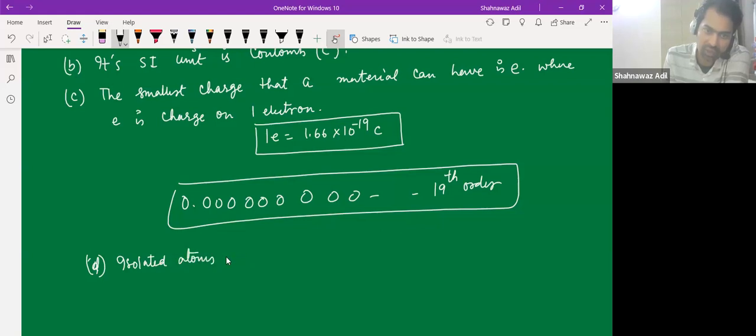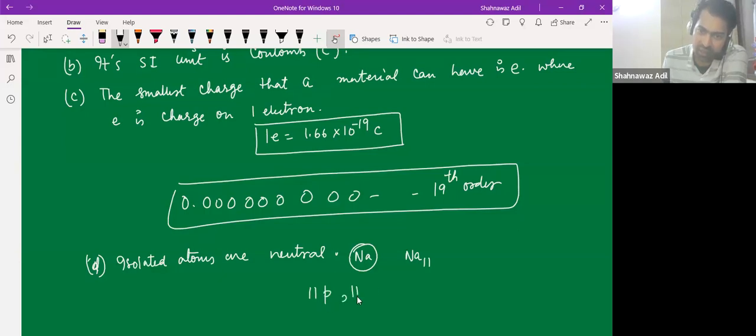And the fourth basic feature is that all isolated atoms are neutral. Why are they neutral? Let's say we have sodium, right? Sodium has atomic number 11, which means it has 11 protons, and 11 electrons, where this sodium is isolated. It is not reacting with other atoms, right?